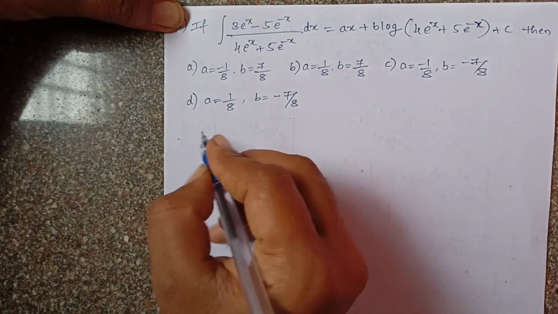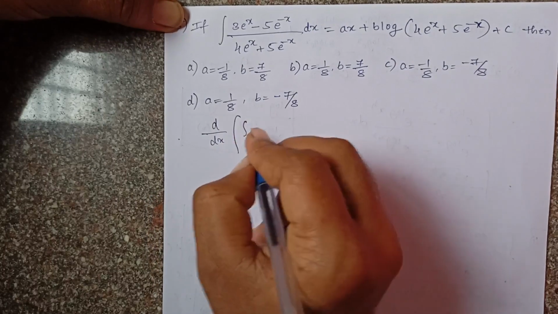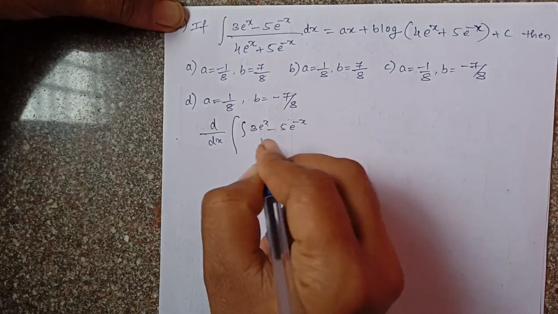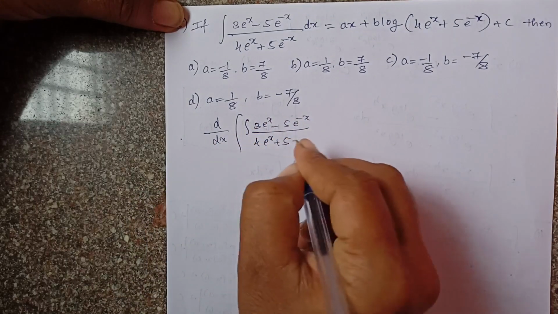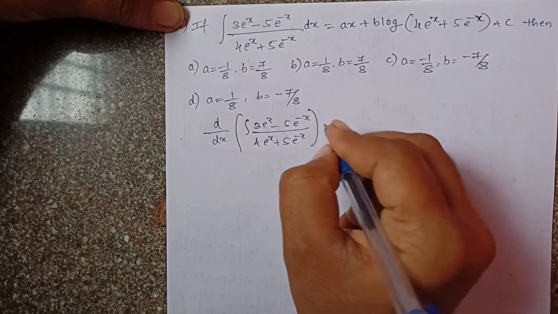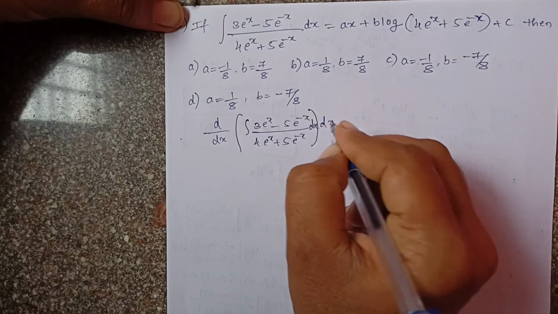Okay. Taking differentiation on both sides, d by dx of integral of (3e^x - 5e^(-x))/(4e^x + 5e^(-x)) dx, because integration is there, I have to write dx inside.